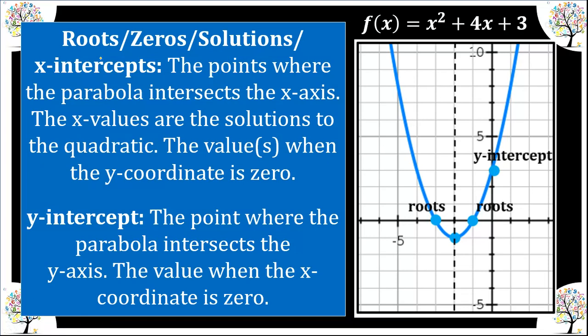The next thing we can identify without a graph are our roots. And we learned a few methods to find the roots or our solutions. Remember, you can always use the quadratic formula. And our discriminant of the quadratic formula will tell us if we have 2 real roots, 1 real root, or no real roots.